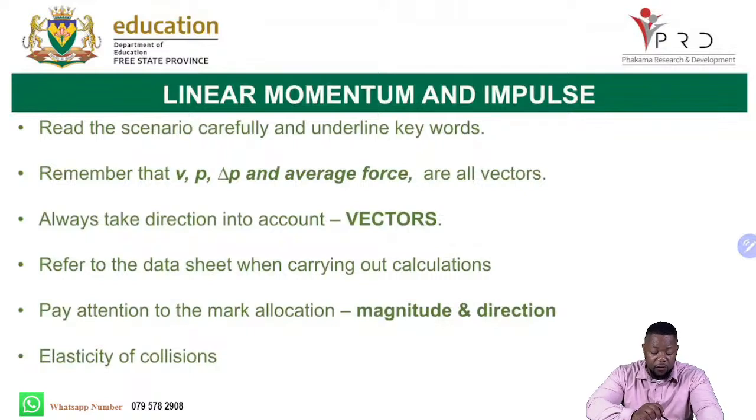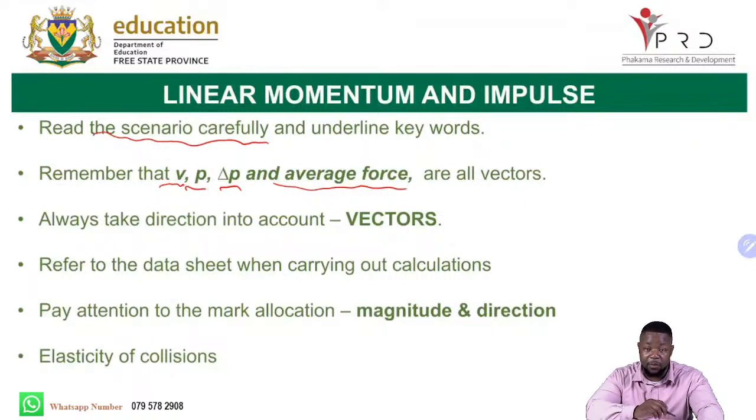Reading the scenario carefully and underlining the keywords is very important. It is also very important to note that these quantities, velocity, momentum, change in momentum, average force, are all vector quantities. And if they are vector quantities, you might want to indicate direction.